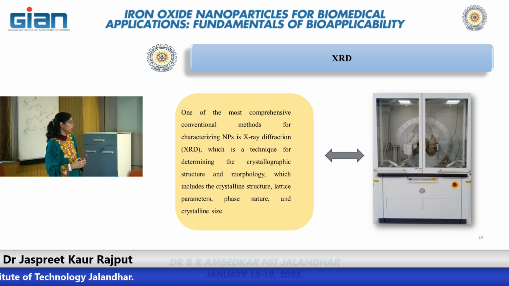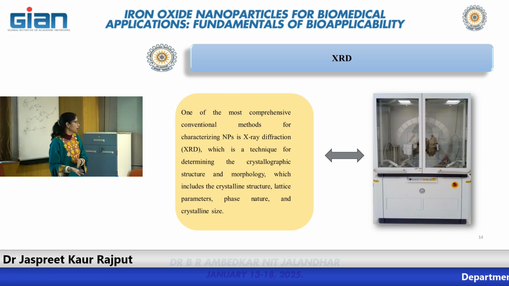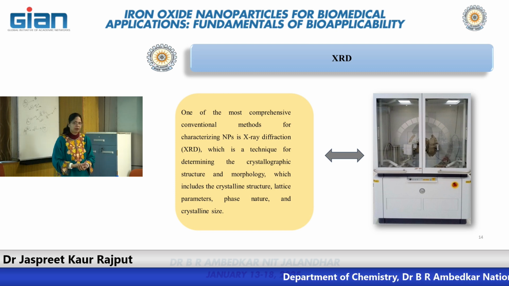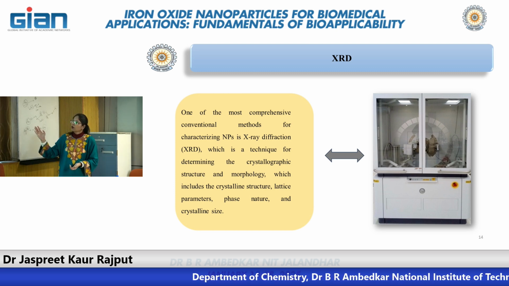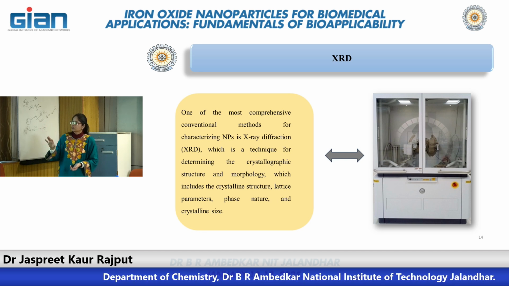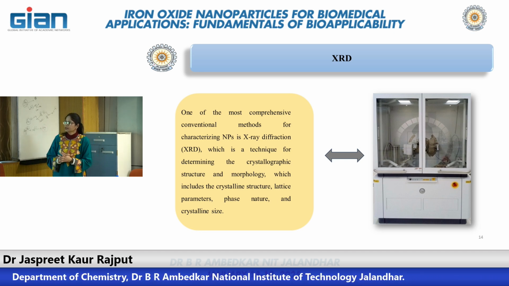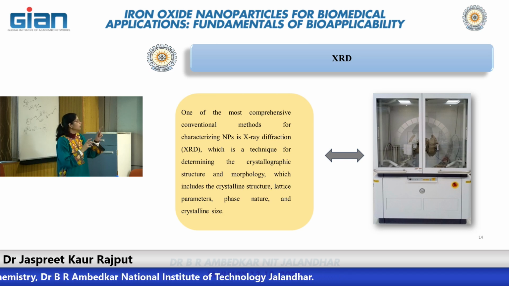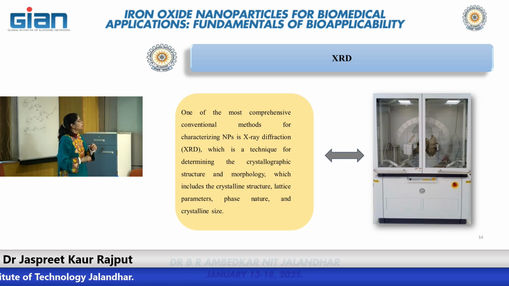Not only are X-rays important for material characterization, but they have lots of biomedical applications. Now the X-ray diffraction method is used here to study the lattice parameters, like you have seen in the morning, 111, 101. Those were the lattice parameters.